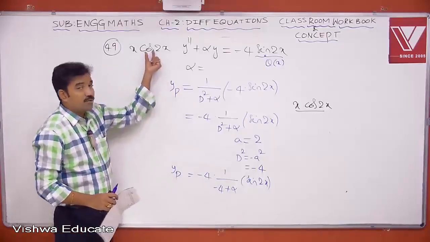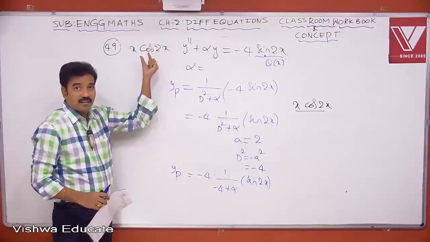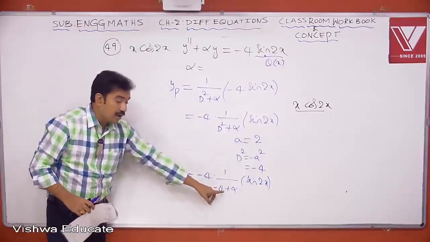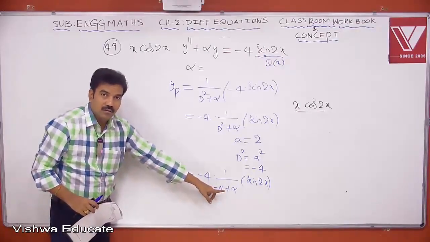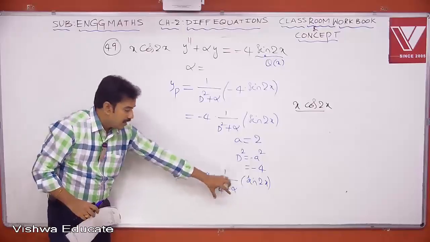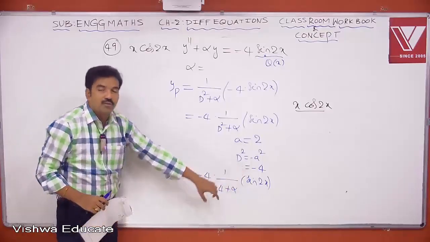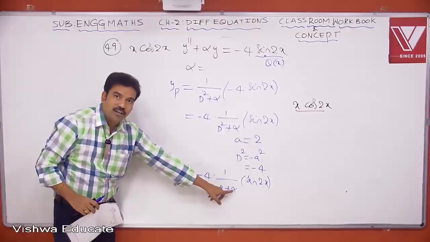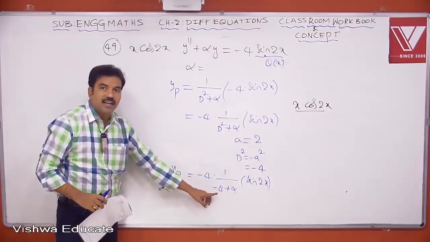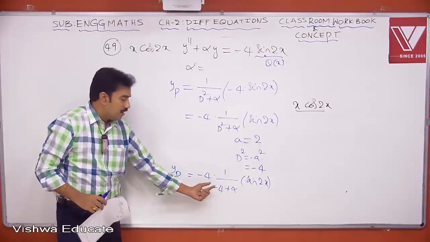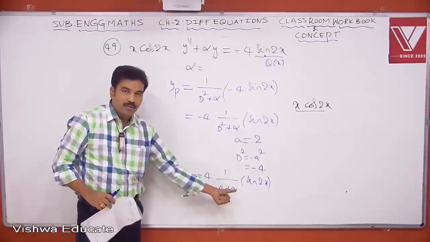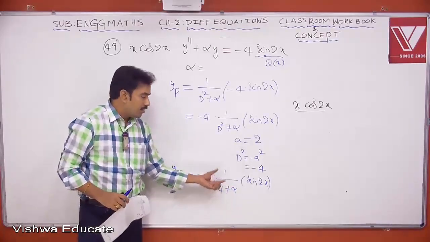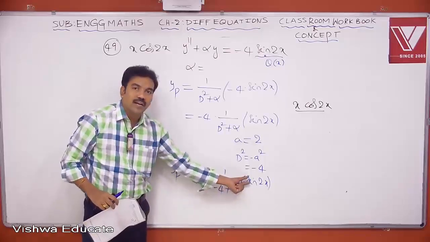But sin 2x is not a part of the particular integral. So therefore, this denominator must be equal to 0. Are you following this? If alpha is a number not equal to 4, then this will not be 0, and we get a non-zero constant in the denominator, so the answer would be a constant multiple of sin 2x.